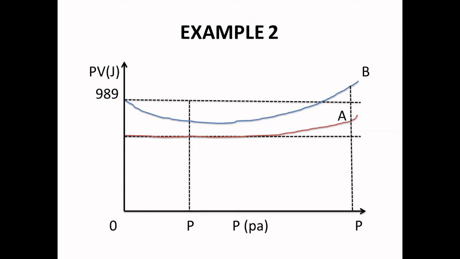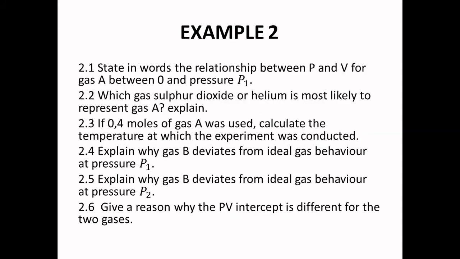Along the x-axis we have pressure measured in pascals. Then along the y-axis we have the product of pressure and V, which is measured in joules. You can see we have a magnitude there on top of 989 joules. Okay, we have gas A and gas B.